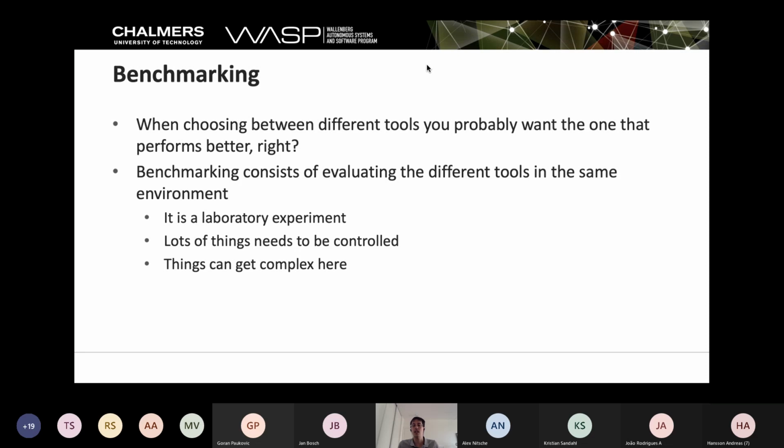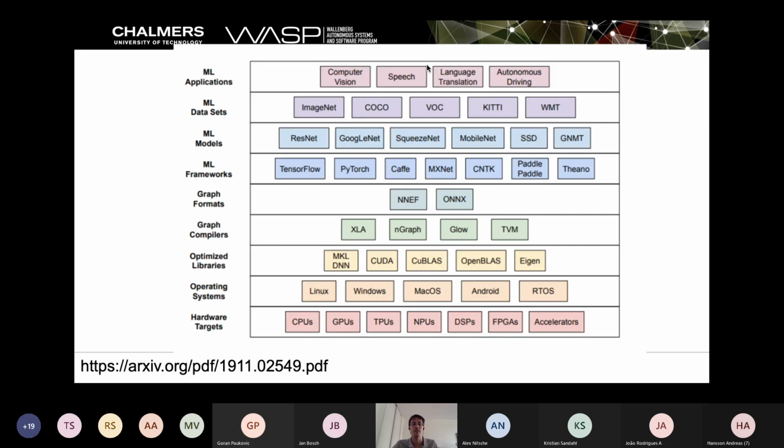Benchmarking is essentially a laboratory experiment where you are comparing tools, algorithms, whatever it is, in the same environment. So you need to control a lot of things. And when we start talking about benchmarking in software and machine learning algorithms, things can get complex.